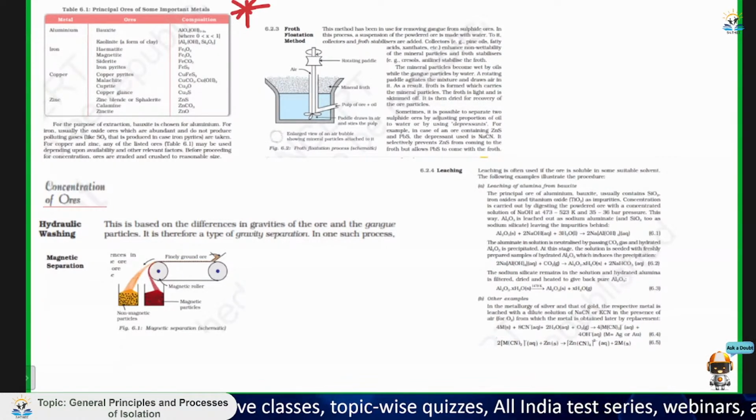Concentration is carried out by digesting the powdered ore with a concentrated solution of NaOH at 473 to 503 Kelvin at 35 to 36 bar pressure. This way, Al2O3 is leached out as sodium aluminate, leaving the impurities behind. That's the sodium aluminate process.